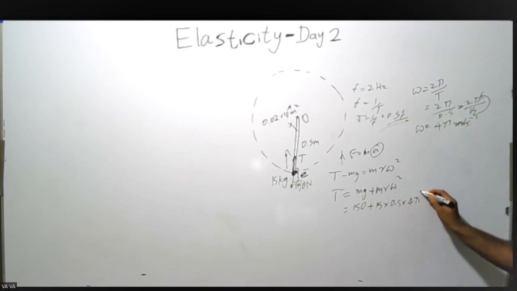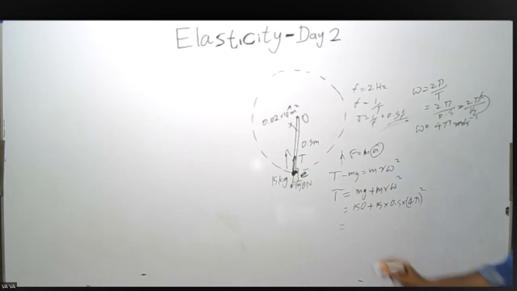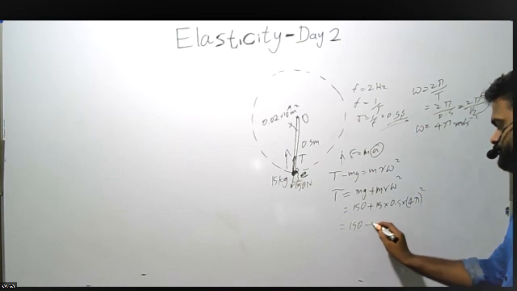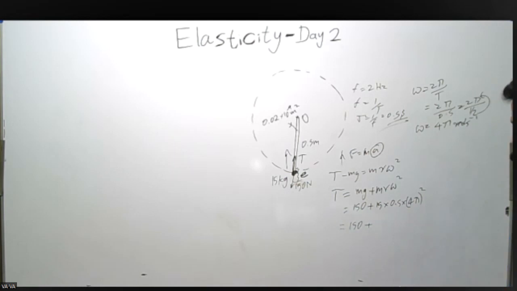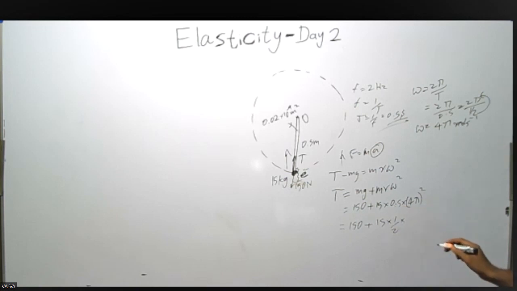So 4 pi squared, omega squared. So 150 plus 15 times 0.5, which is 1 over 2, 4 squared is 16 times pi squared.